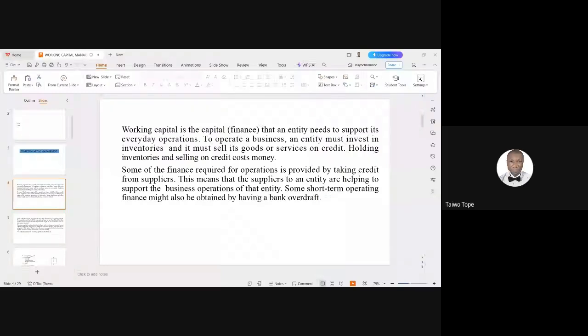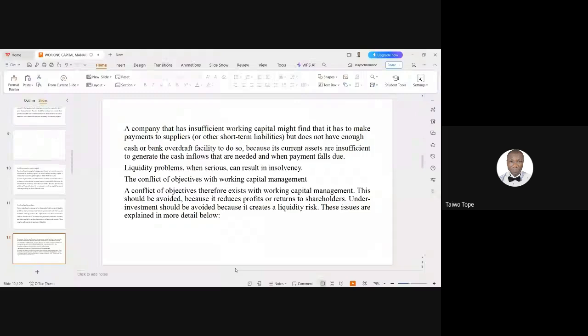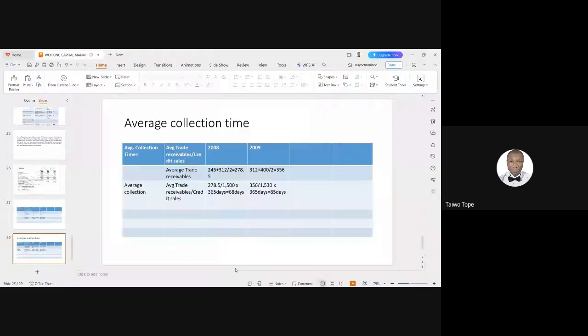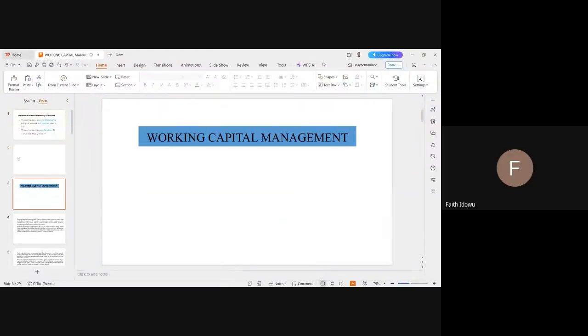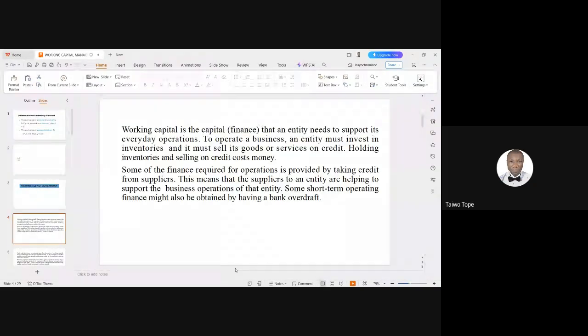I said over trading is a situation where a company attempts to conduct a larger volume of trade than it is financially equipped to do.